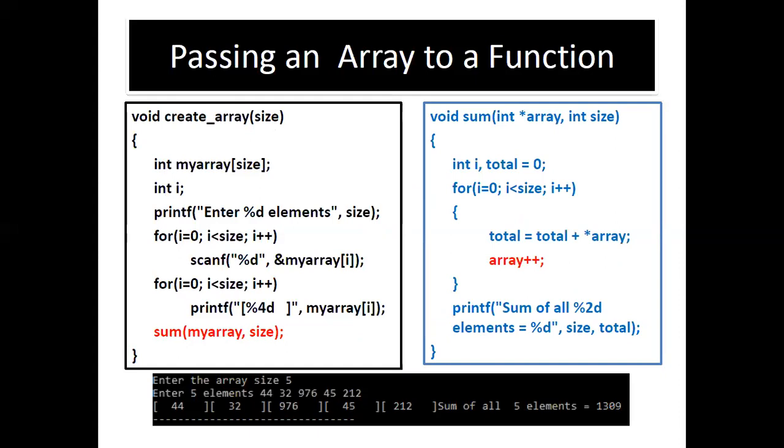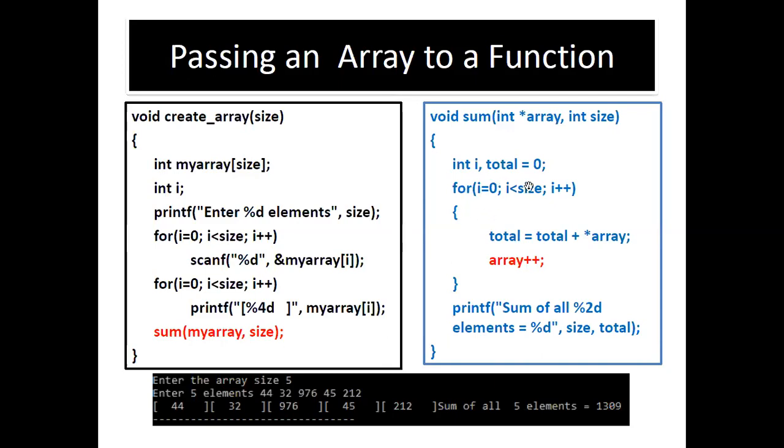My array name is my array and the size, and we see the blue color code, which is the function definition of sum. In the sum function definition, we are supposed to take an integer pointer because you are passing an address of an integer along with the integer for size, and we are going to take care of the total.